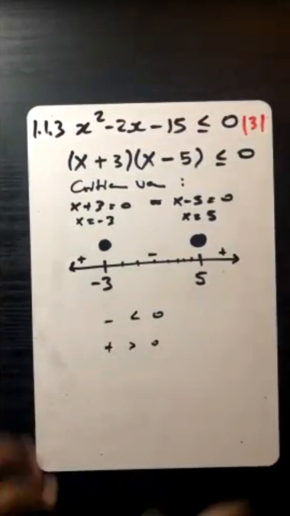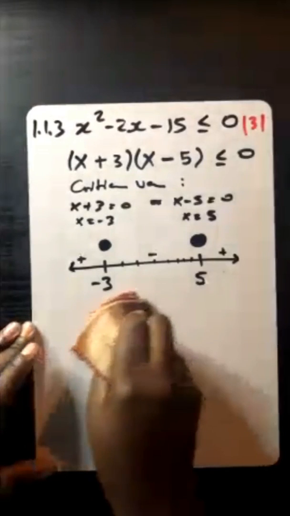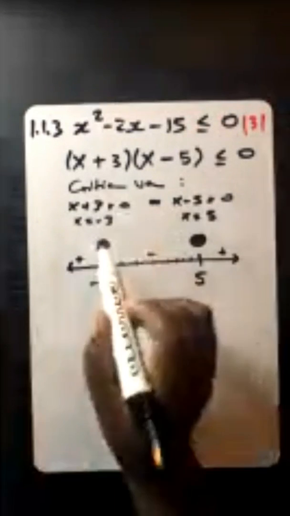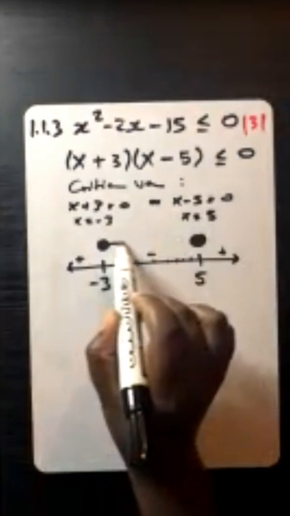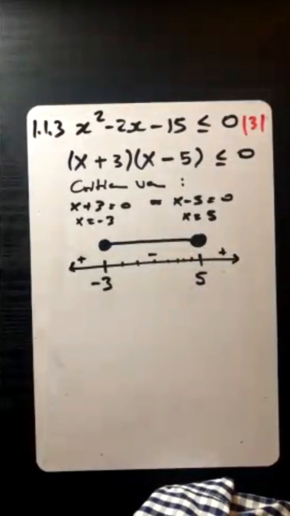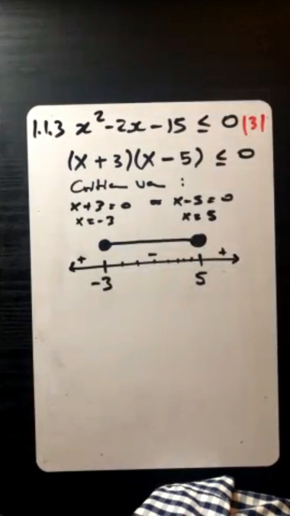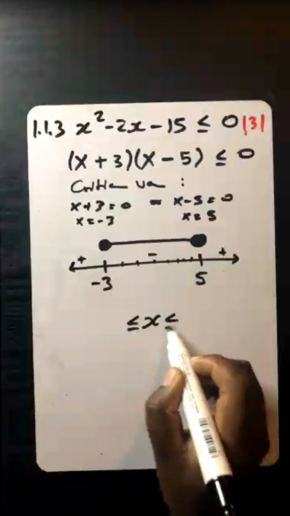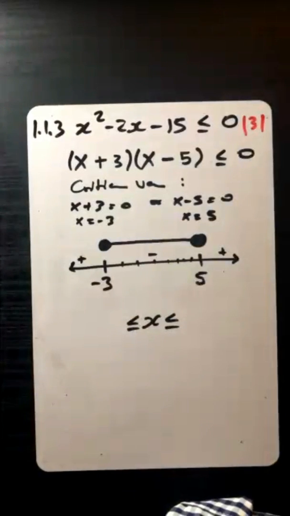So, sorry guys, from what I've noticed, when you are given less than or equals to, it is that type of an equation where you join the lines on the number line. And when you represent it on the final answer, these are those type of equations where you represent them in this way.